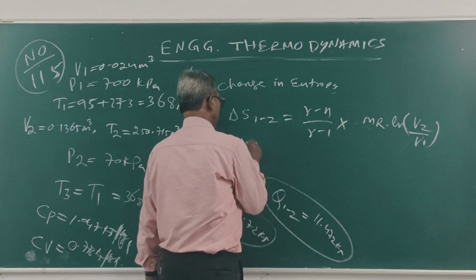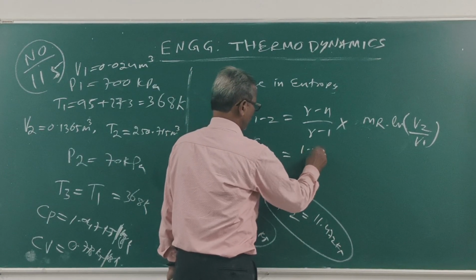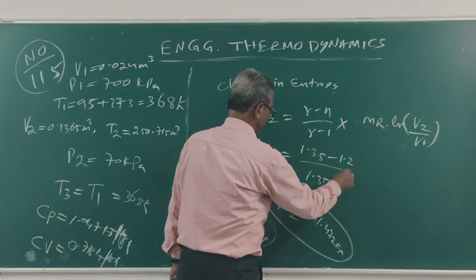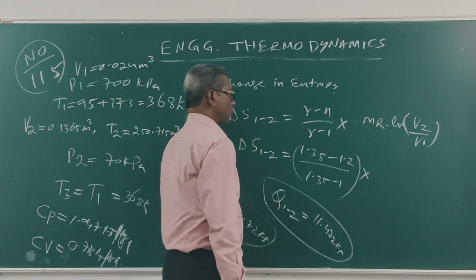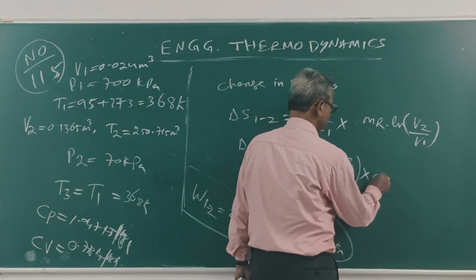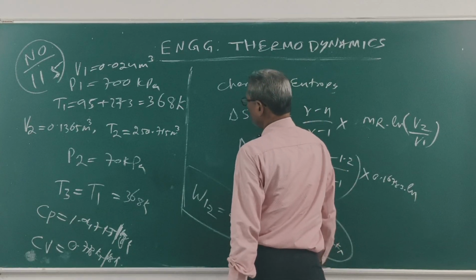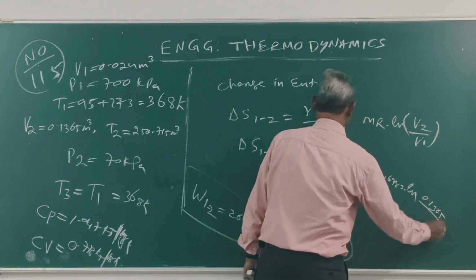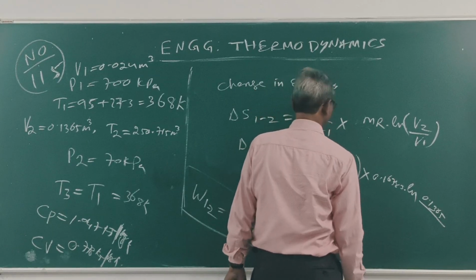So delta S12 is equal to (1.35 minus 1.2) by (1.35 minus 1), into m R. What is m? m is equal to 0.16783, ln V2 by V1, 0.1365 by 0.024.